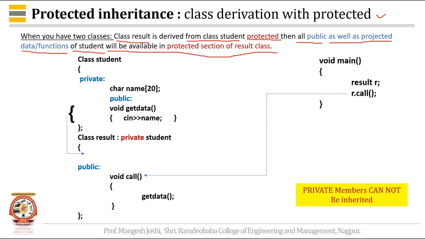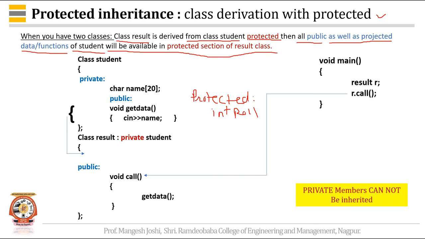You have declared a public section. Similarly, you can also declare protected data, similar to private and public, for example, integer roll number.